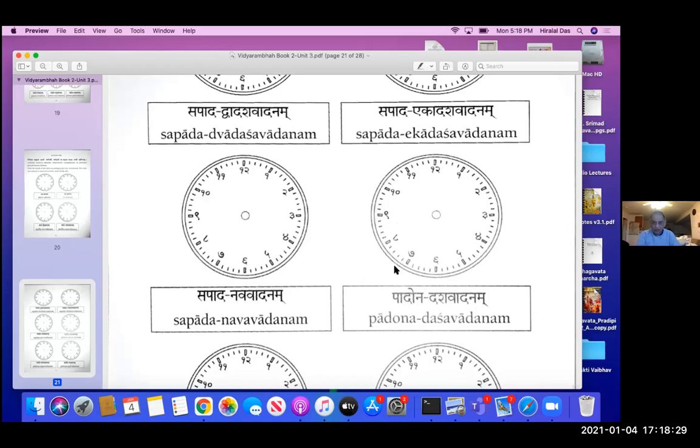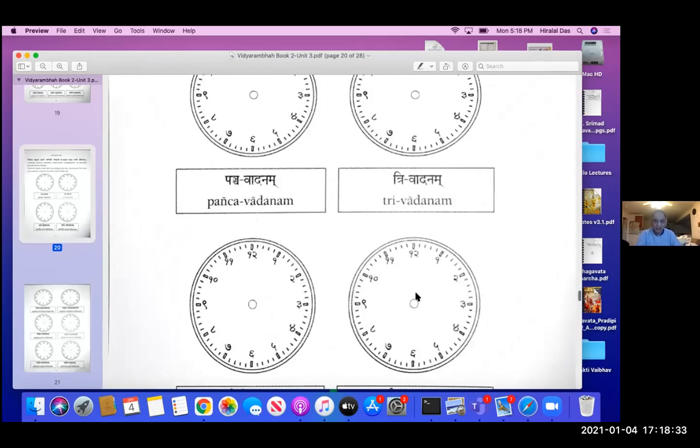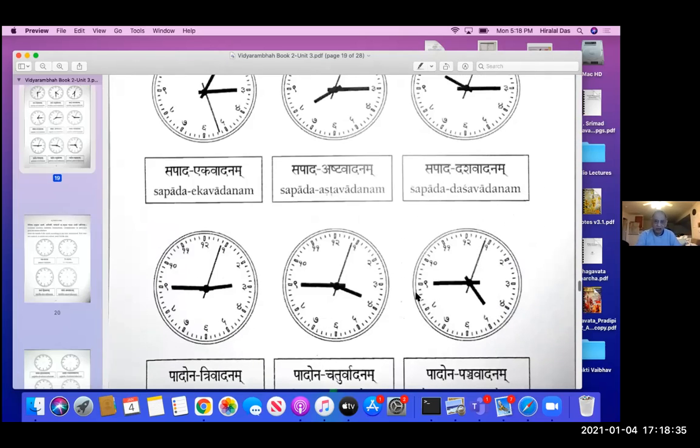Okay. Let me show you the Padon example again. Here it is. This is Trivadanam. Even though it is Trivadanam, it is before 3 because Padon is 15 minutes less.